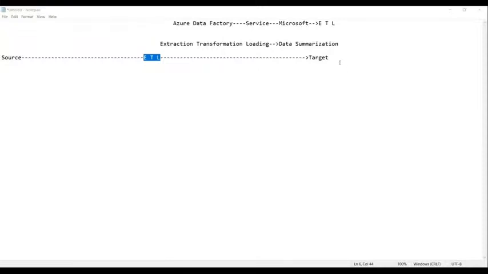Here, can you see source? Actually, what do you mean by source? Source is a starting point where we can find the information.